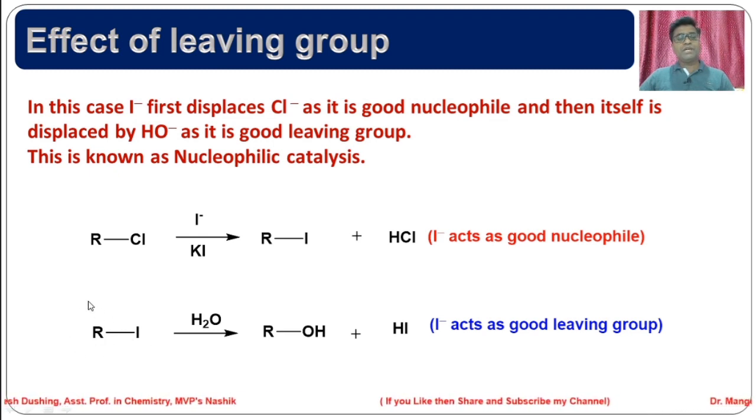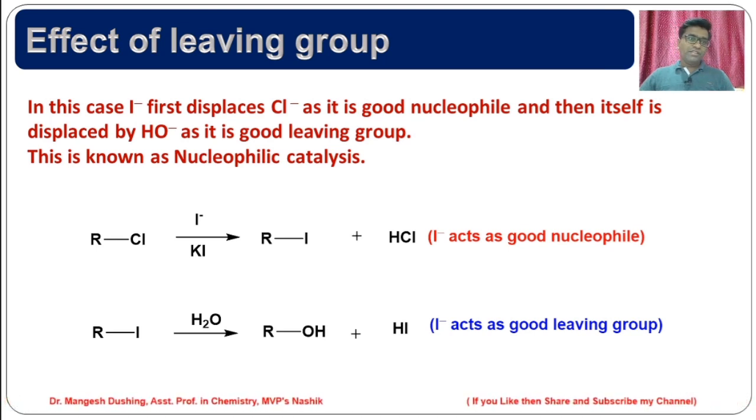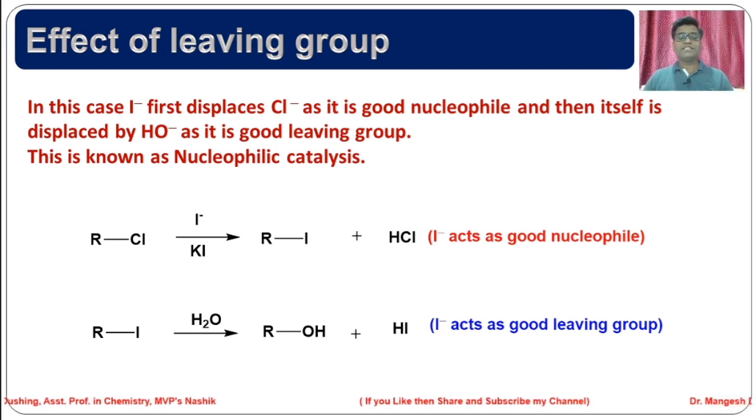Hydrolysis of alkyl iodide is very fast because iodide is a good leaving group also. So alkyl iodide will give us alcohols. So this is called nucleophilic catalysis. Iodine acts as a good nucleophile as well as a good leaving group. So iodine replaces the leaving group, and then that iodine itself acts as a good leaving group and gets hydrolyzed fast.